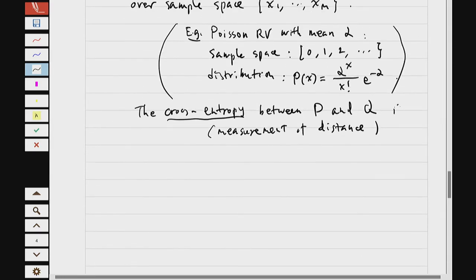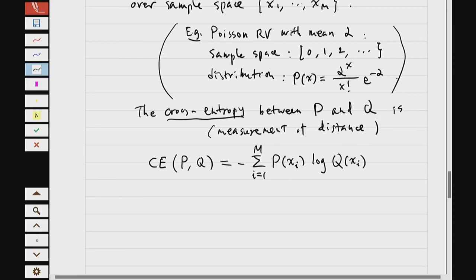We use the symbol CE for it. CE between P and Q, like that. Cross entropy turns out it has this funny-looking form, summing over all possible values the random variable can take, and then the probability it will take that particular value, times the log of Q of xi, like that.